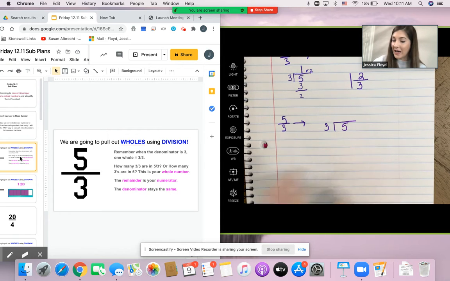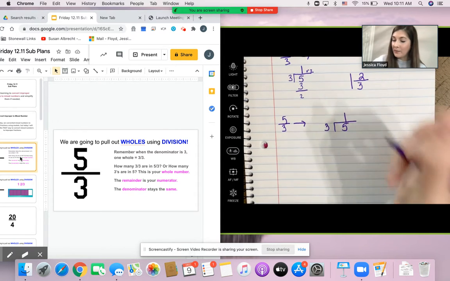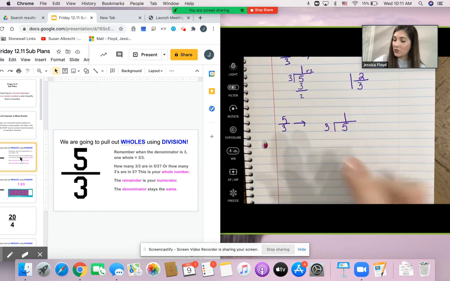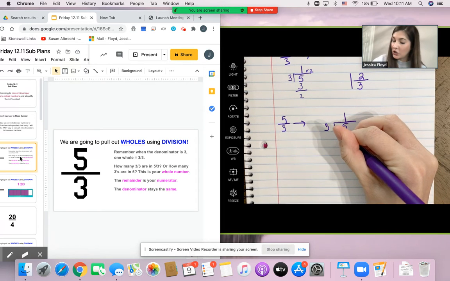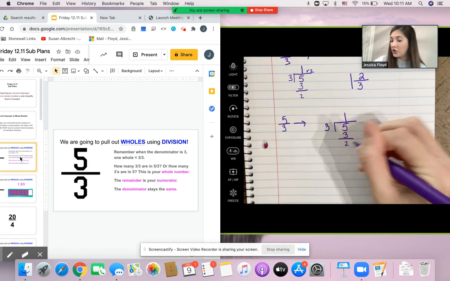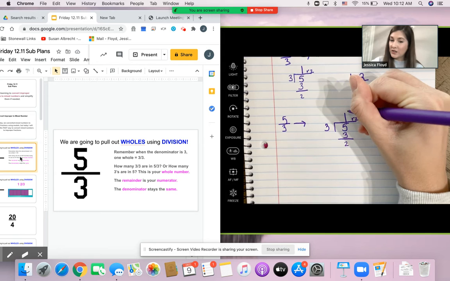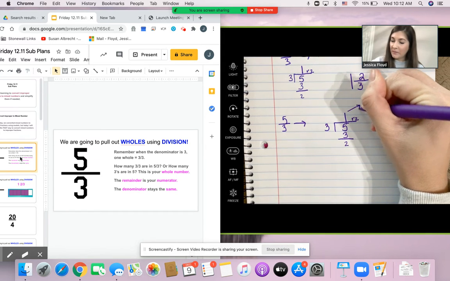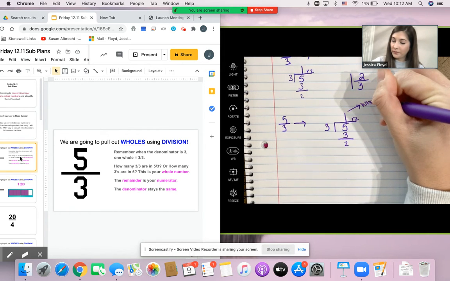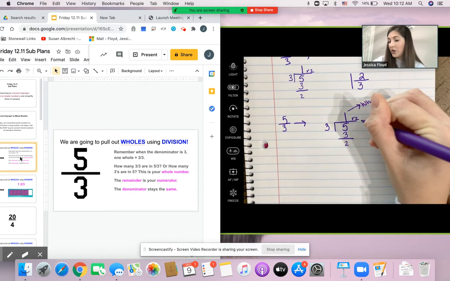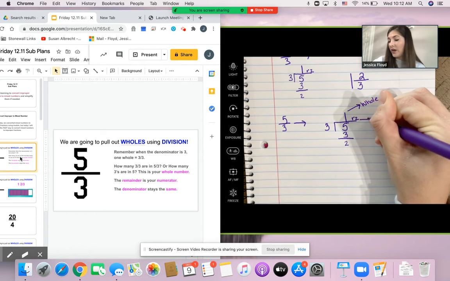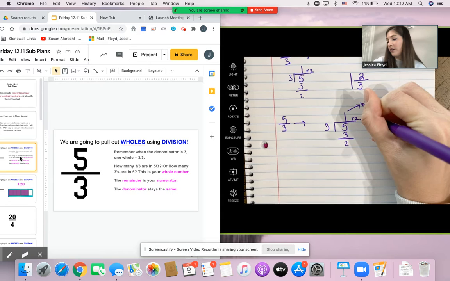3 goes into 5 one time. 1 times 3 is 3, and I have a remainder of 2. This will always be my whole number. The remainder will always be your numerator.